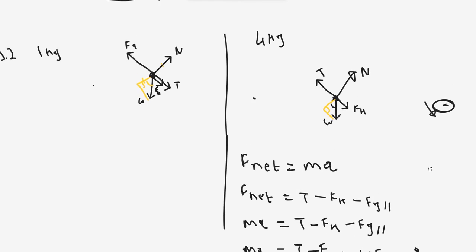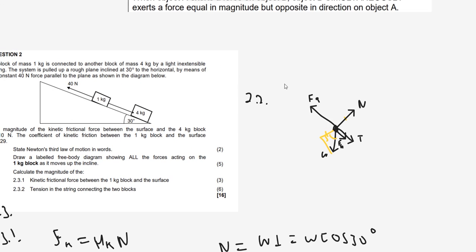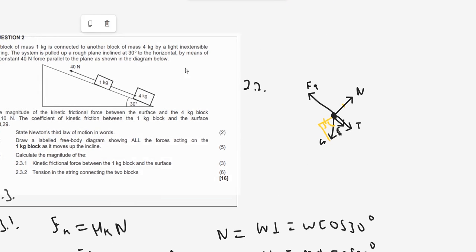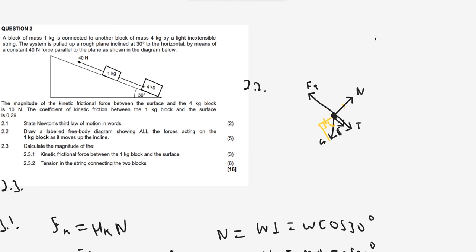When calculating a problem like this, what you can do is come to your question and write all the values that you have. For example, here we have our Fk, and we don't have a tension, because our Fk is 10 for the 4 kg block, and then our tension is unknown.